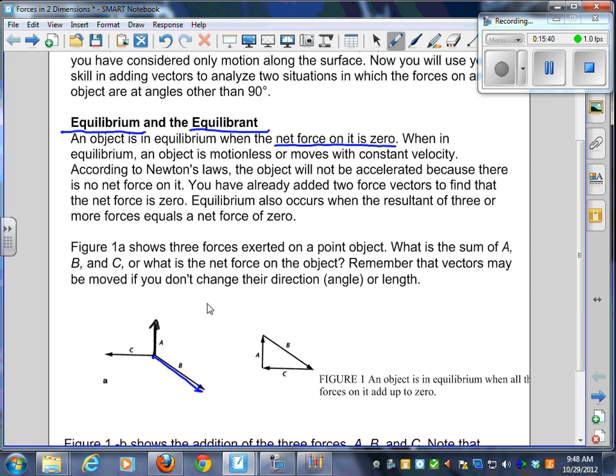Let's draw C here. Okay, now if I add those tip to tail, there's my A, there's my B, and there's my C. What's the net force? I finished off exactly where I started, so my net force is equal to 0. So those three forces are in equilibrium.